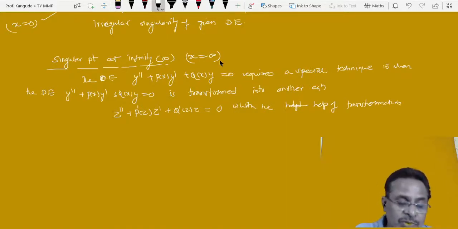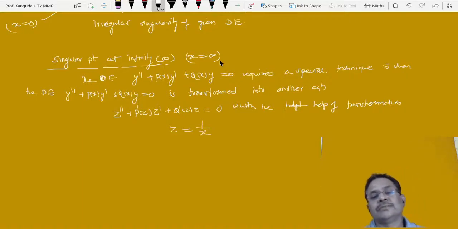What is that transformation we have to use? z is equal to 1 upon x. So right here, when I put x is equal to 0, this z becomes infinity.